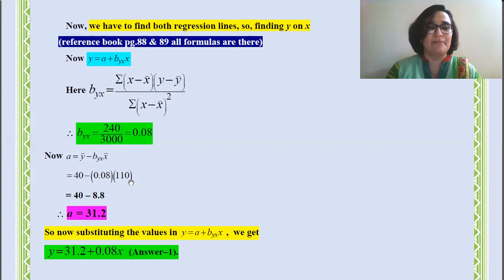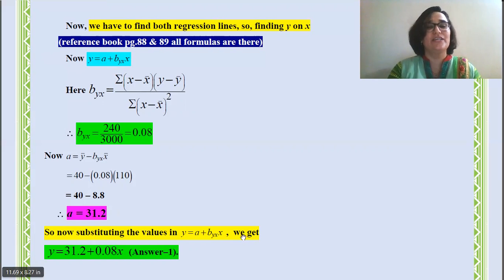40 minus their multiplication. So 40 minus 8.8. Look at the pink highlight. a is equal to 31.2. Are you clear? The value of byx you got above in green color, and in the pink highlight you got the value of a. You got both, great.